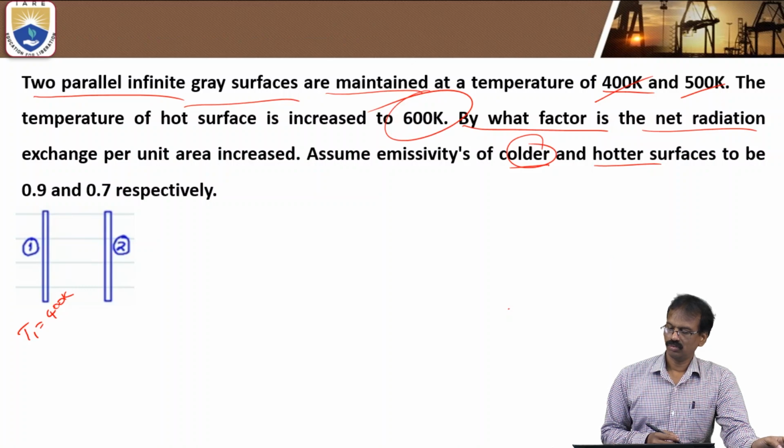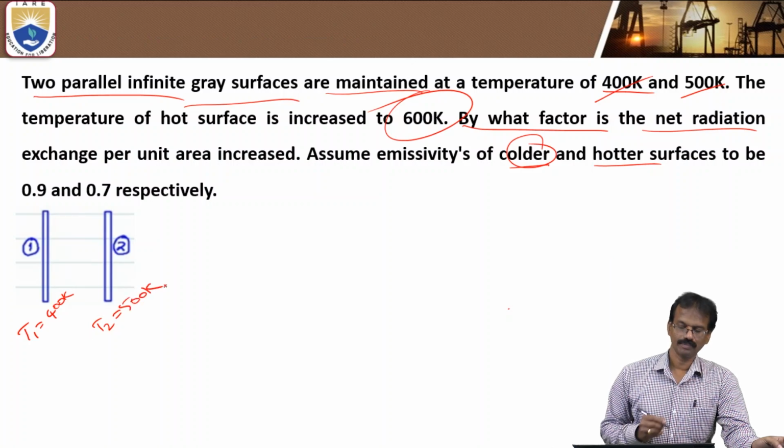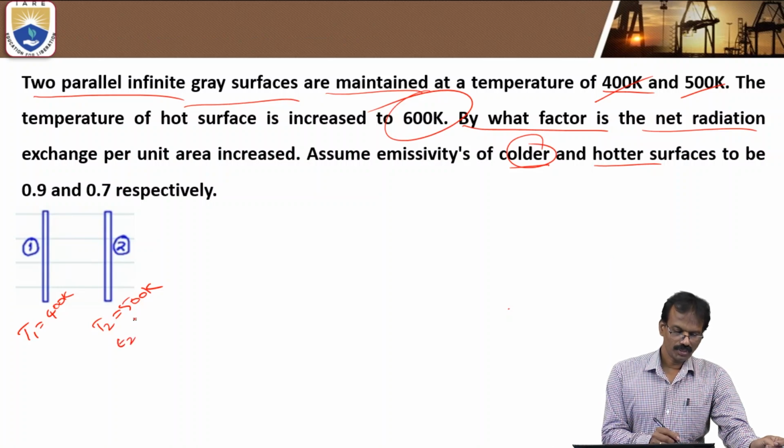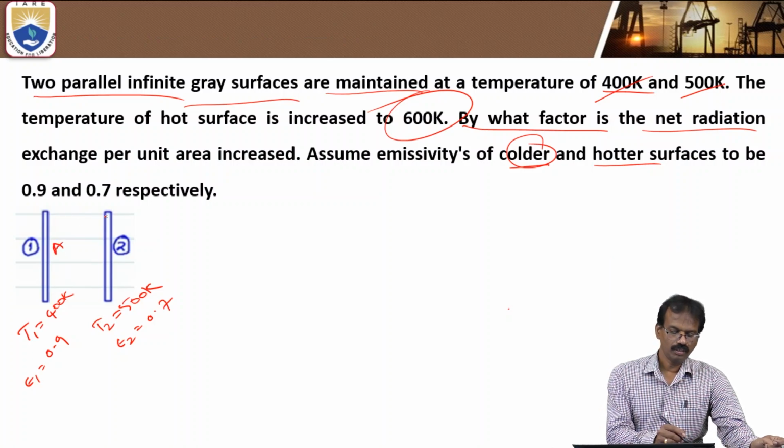Next, T2 is equal to 500 Kelvin. Next, emissivities: for the colder and hotter surfaces, epsilon 1 is equal to 0.9 and epsilon 2 is equal to 0.7. The areas are A and A.